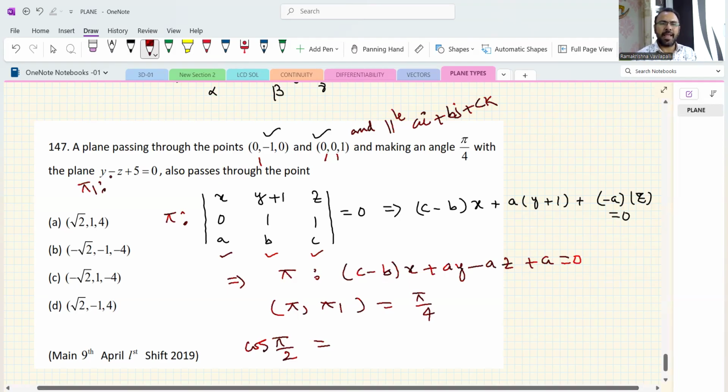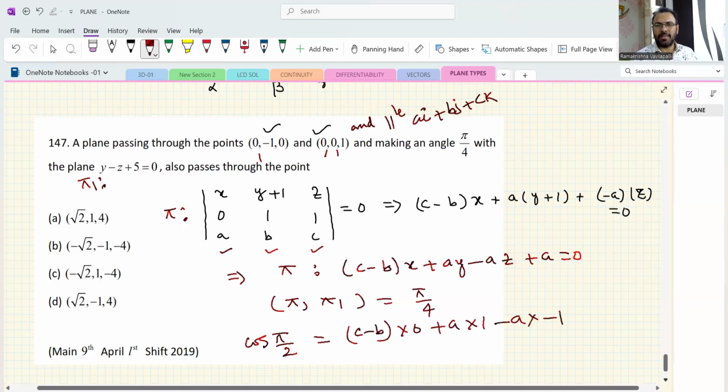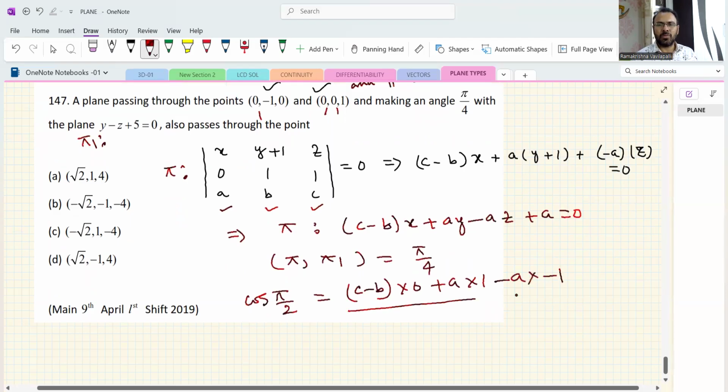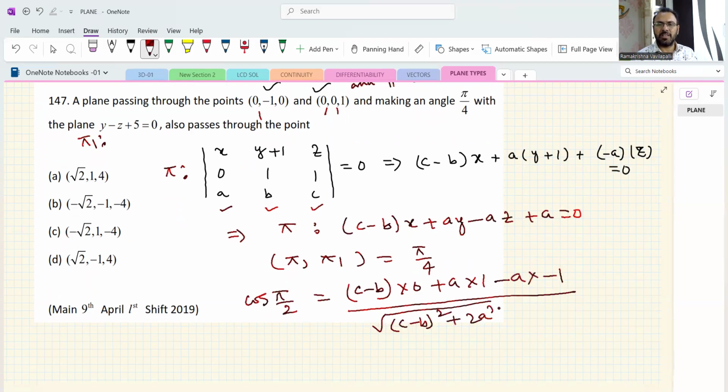And the normal of plane pi 1 has no i component, simply j minus k. So c minus b into 0 plus a into 1 minus a into minus 1, whole by under root of c minus b whole square plus a square plus a square, nothing but 2a square, into root 2.